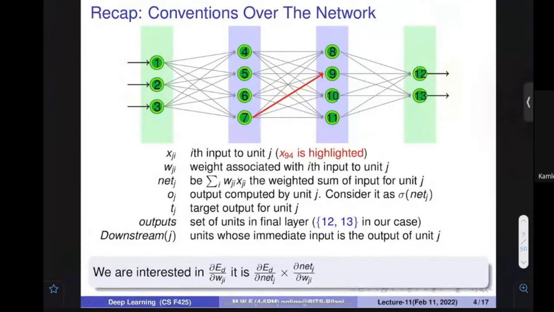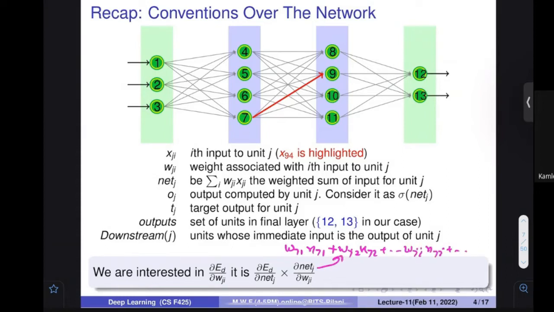Since E_d is not directly dependent upon w_ji, we can expand it using the chain rule, and we can say dE_d upon d net_j times d net_j upon dw_ji. Here net_j is dependent upon w_ji. How? Because net_j is w_j1 x_j1 plus w_j2 x_j2 and so on up to w_ji x_ji.